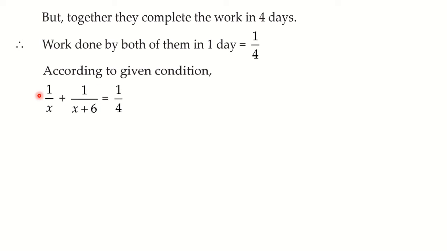This is the work done by both of them in one day, and that is also the work done by them in one day, so these two quantities are equal. So we have written the condition. Now we have to convert it to the standard form, so we go for cross multiplication.